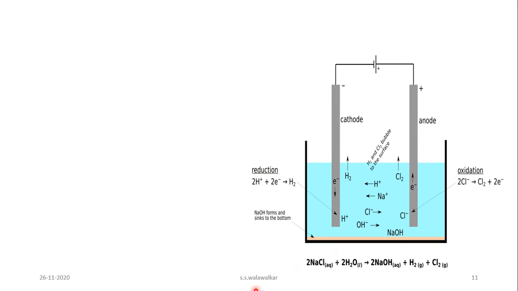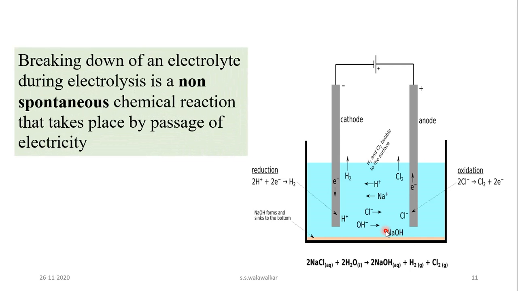For example, see here, an aqueous solution of NaCl. This reaction does not take place on its own, but when electricity is passed through this aqueous solution of sodium chloride, then NaOH is produced. So electricity is required for a particular reaction to take place.